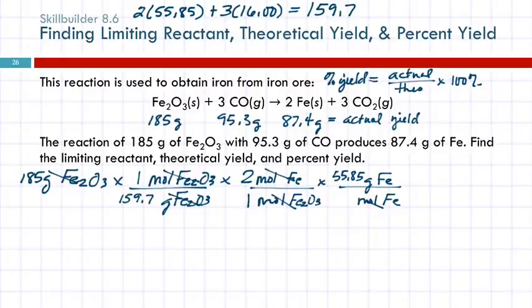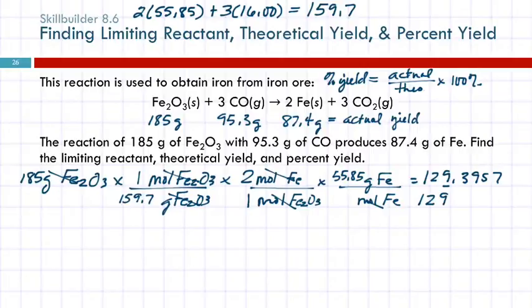So now I've got 185 divided by 159.7 times 2 times 55.85. 129.3957, blah, blah, blah. Again, our starting number gives us 3 significant figures.